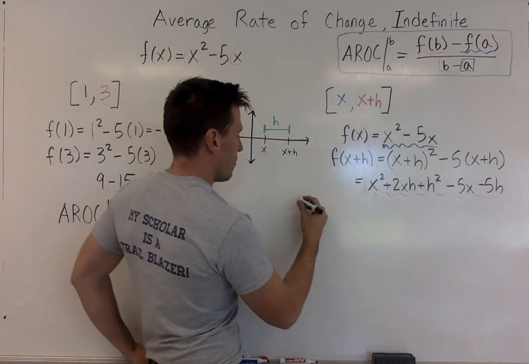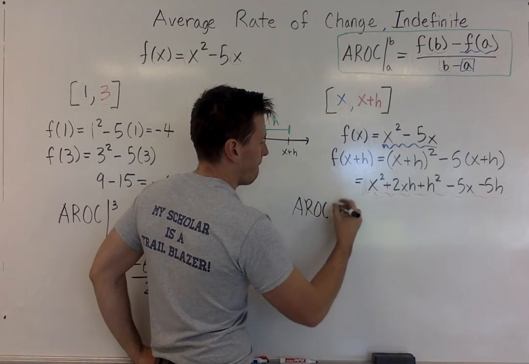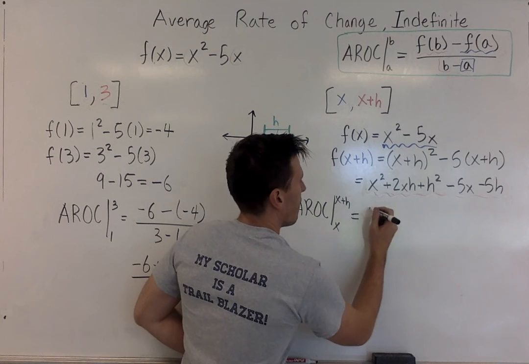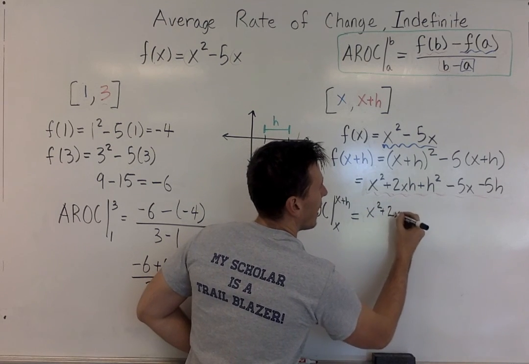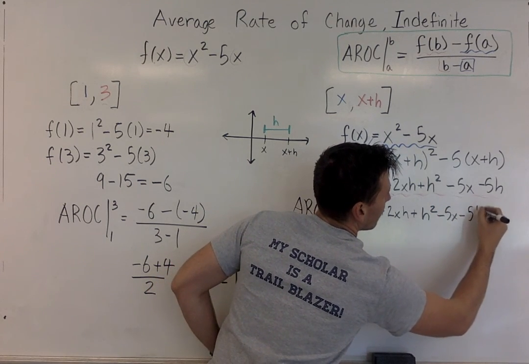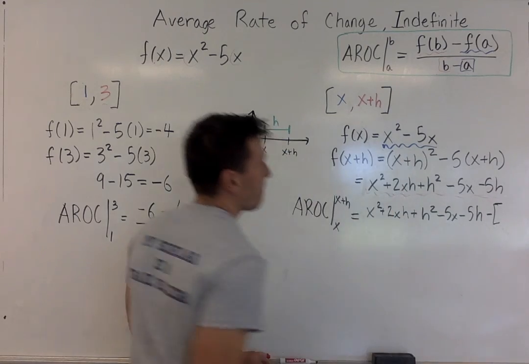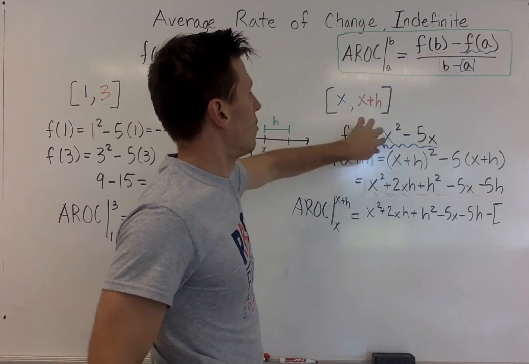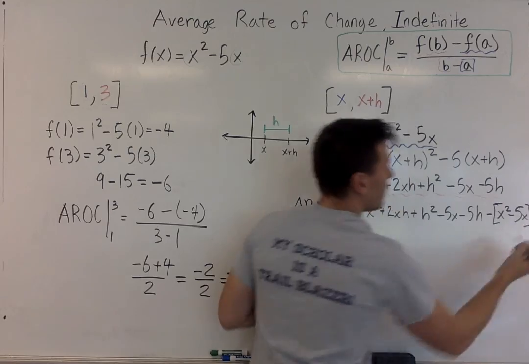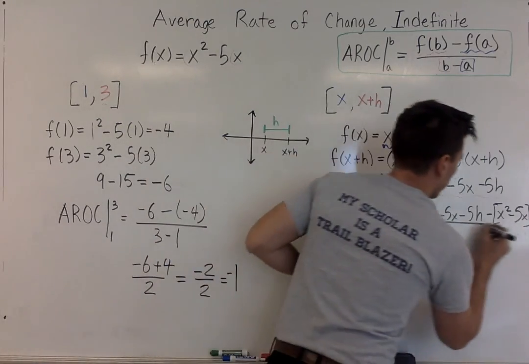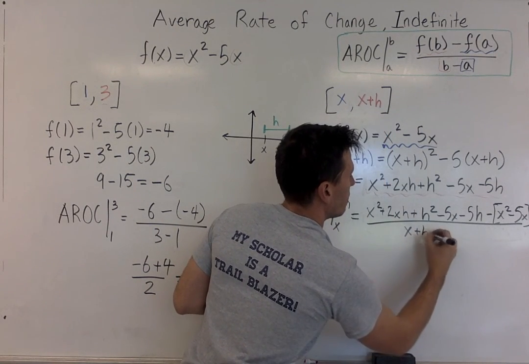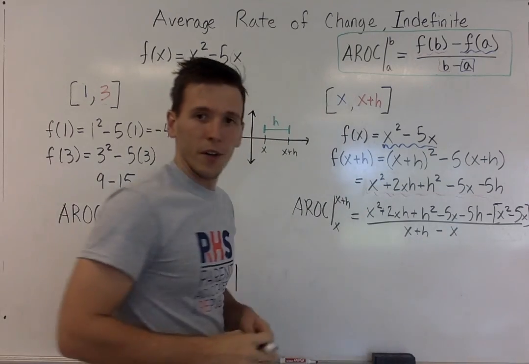The average rate of change from any point x to any other point x plus h is going to be equal to my final, which is x squared plus 2xh plus h squared minus 5x minus 5h, minus the entire initial output, x squared minus 5x, all over my final input minus my initial input.